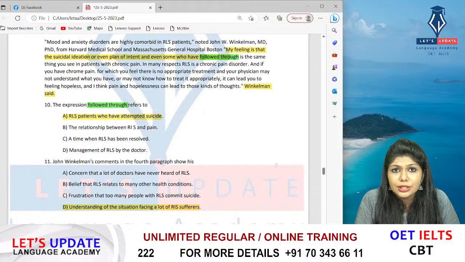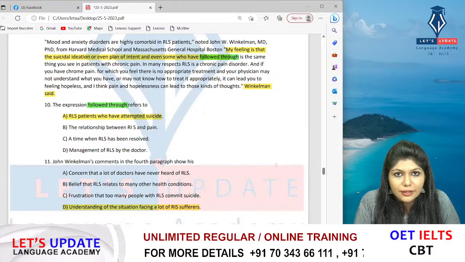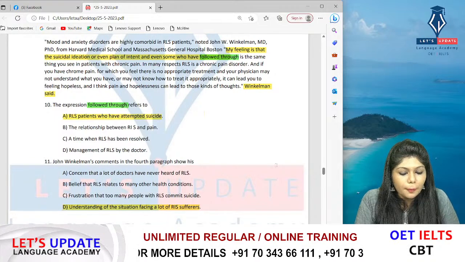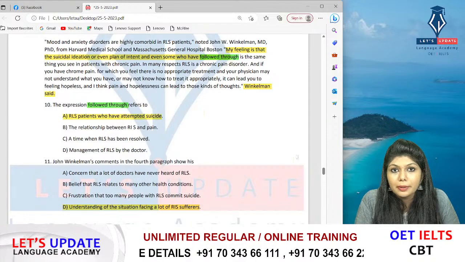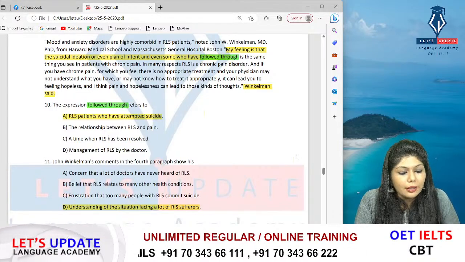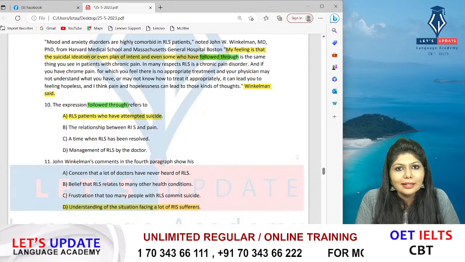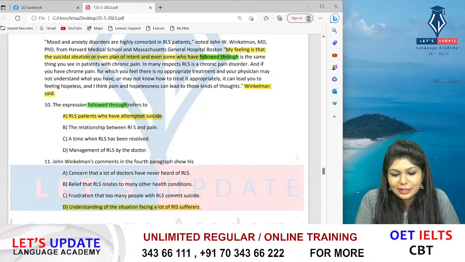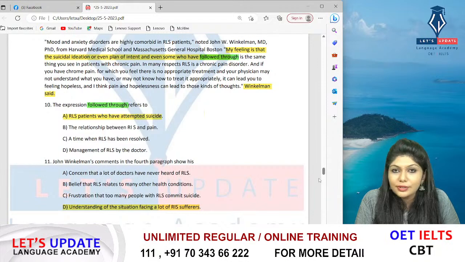It's not evident anywhere that he is showing any kind of frustration, and he also hasn't mentioned that too many people are doing that. So we are left with option D, and definitely it's his understanding of the situation, and it's his statement that is mentioned here in this paragraph, and because of which it's D.